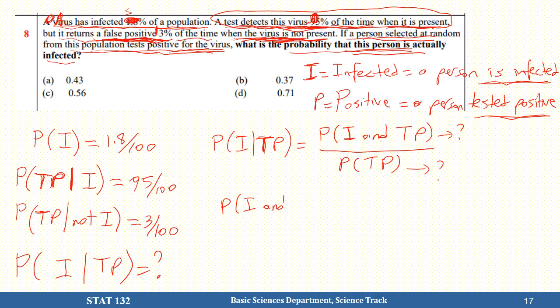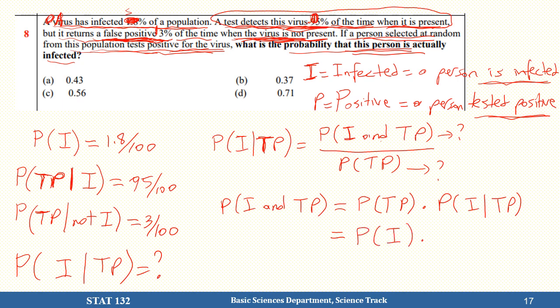If you remember the multiplication rule, you can write this as the probability of tested positive times the probability of I given tested positive, or the probability that the person is infected, sorry, and the probability that the test is positive given he is infected.